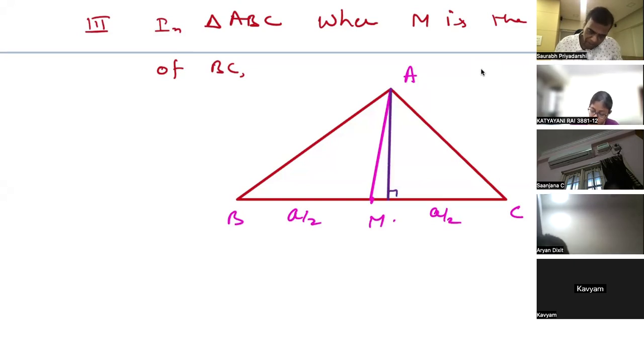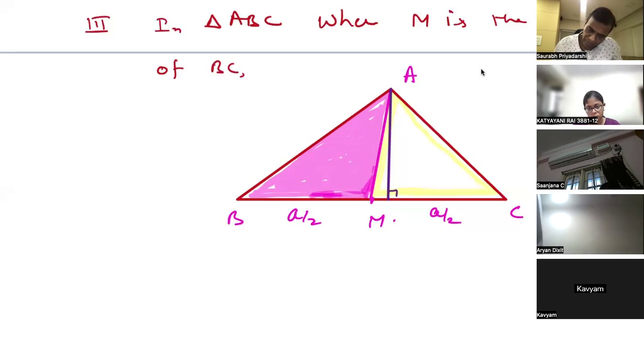One triangle, I'm saying this one, and the other triangle, I'll darken that one with yellow. So this is the triangle. For this triangle, this is the obtuse angle you can say, and this obtuse angle triangle forms the perpendicular. And the second triangle is this one.